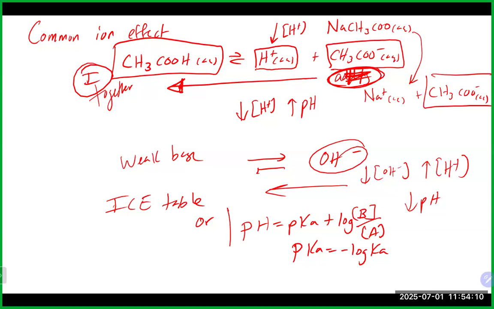If you recognize it as a common ion or buffer situation, you could go right into that equation. If you don't want to or are not sure, you can always still do the ICE table. They both will give you the same answer. I think we did one both ways. Last time we did the ICE table first, and then we put it into the Henderson-Hasselbalch, and we got basically the same pH. Any questions on any of that?